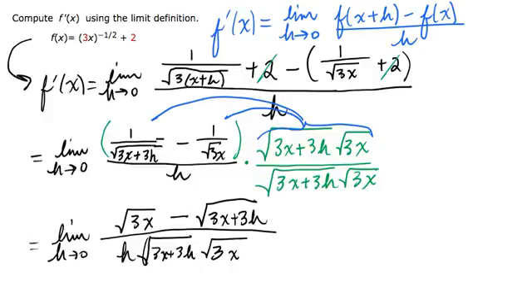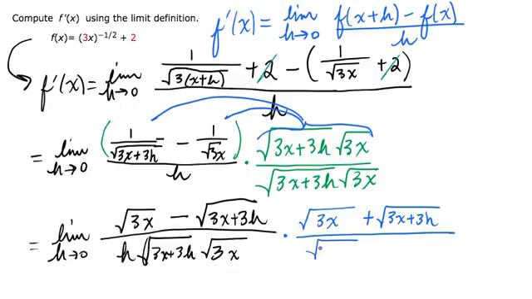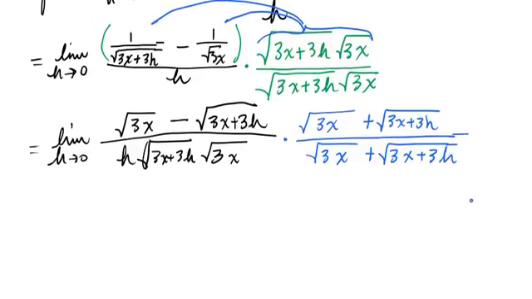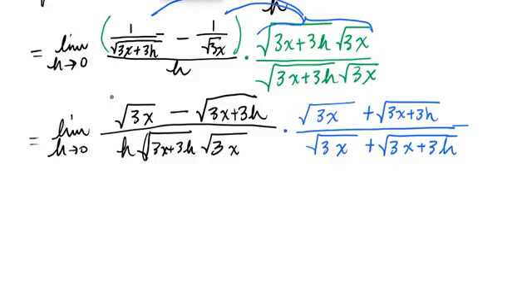Now, in order to simplify this expression, we're going to have to multiply by the conjugate of the numerator over itself. There's really nothing else we can do here. So I'm going to multiply by root 3x plus square root of 3x plus 3h over itself. Okay, to get, let's see, let's add in some parentheses here, here, and here.